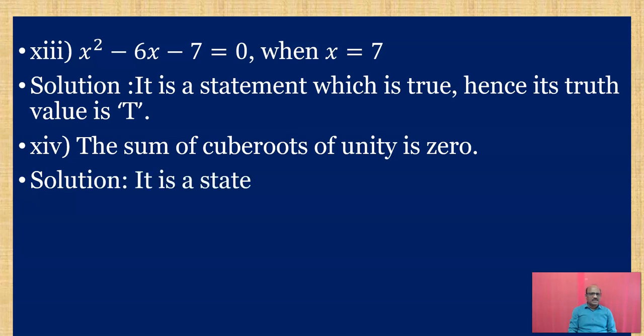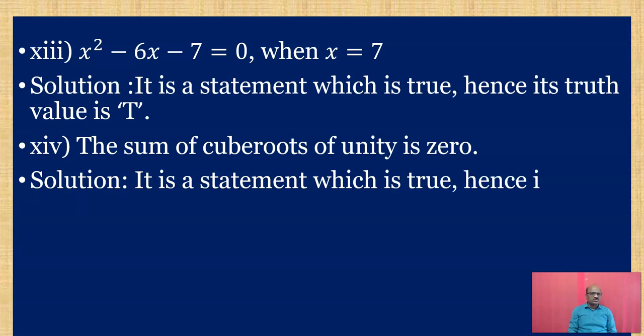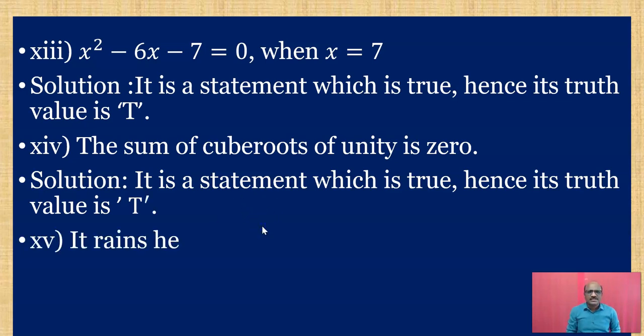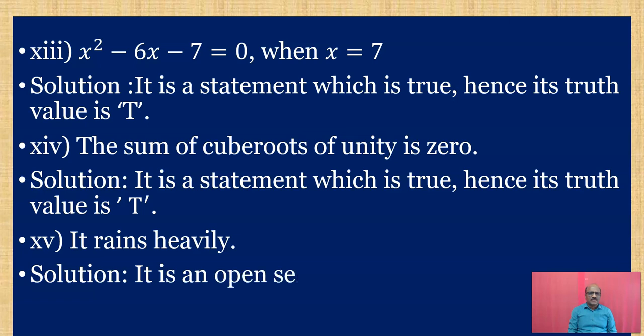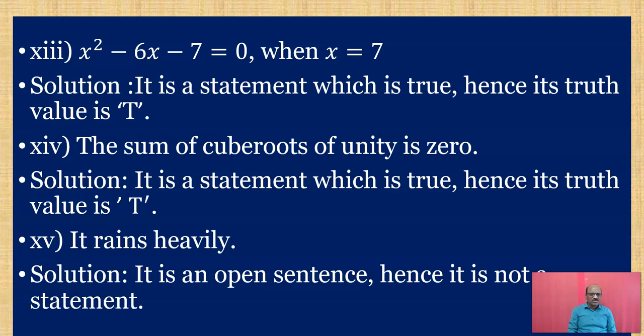It is again a statement which is true, and hence its truth value is T. We have seen this in complex numbers. Next, it rains heavily. It is an open sentence. Hence, it is not a statement. Cannot determine how heavy it is.